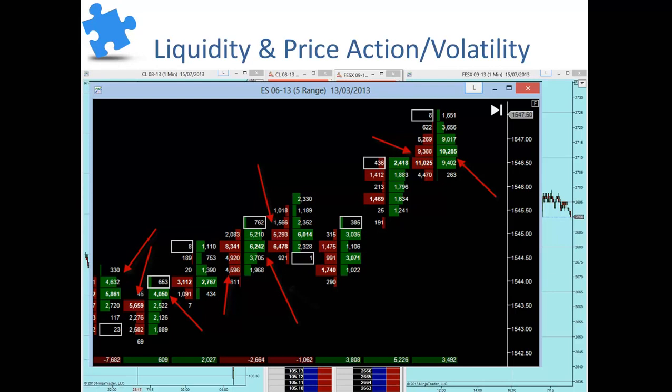And it's also important to not keep throwing money at your method, hoping it will all work out. It's much better to find a market that has the liquidity and volatility levels that you're used to trading than trying to force a technique onto a market that's really not suited for that anymore. So, do we have any questions at this point on liquidity and price action?